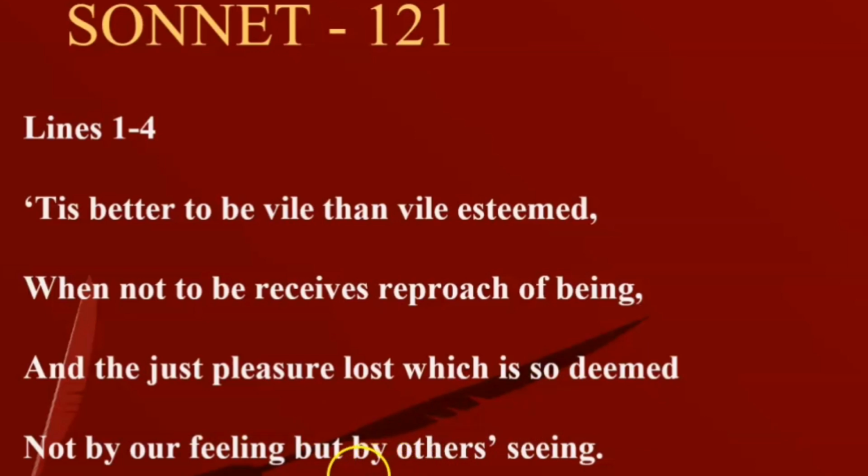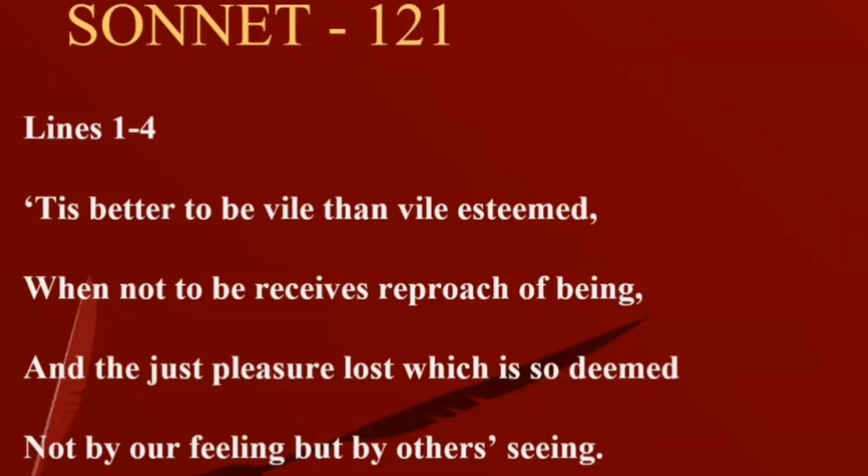Right? When somebody is attributing, when somebody is deeming such kind of qualities on me, then I feel like I really lose the pleasure of my life, and when not by our feeling, but by others seeing. Right? In others' eyes, or in the eyes of some other people, I am an evil person.